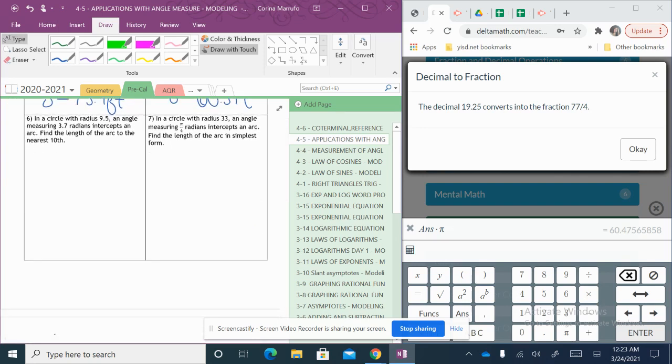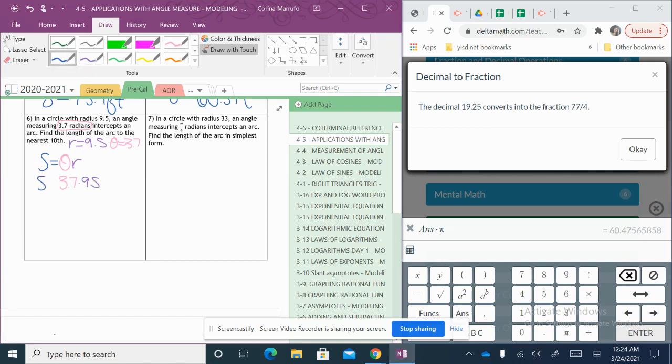Okay, so here it says in a circle with a radius of 9.5, so here our R is 9.5, and an angle measuring 3.7, so then theta is equal to 3.7. It is in radians, so we have to do no conversions here. Find the length of the arc. So S equals theta times R. We know that theta is 3.7, and we know that R is 9.5.